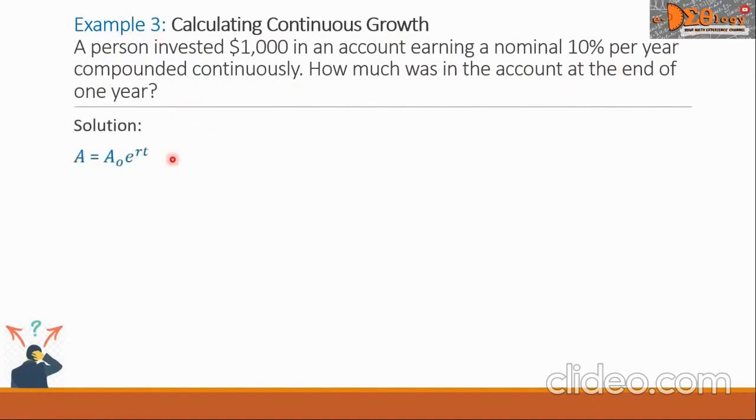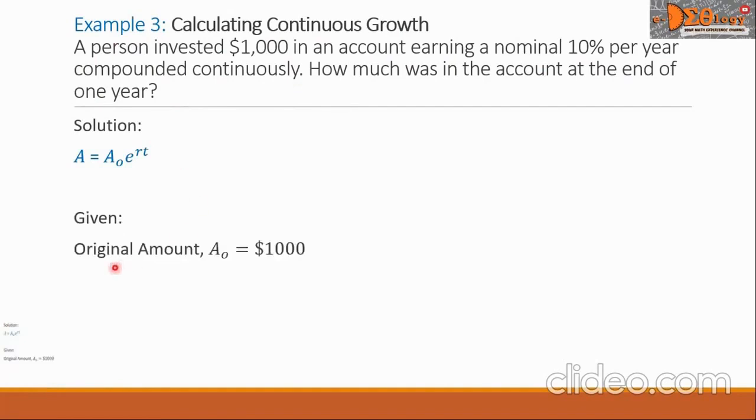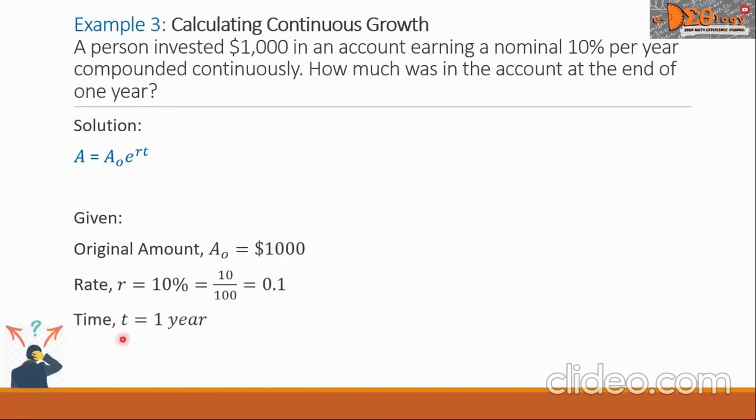Then let us list the given starting from the original amount. A sub O equals $1,000, followed by the rate denoted by R, and this is 10%. Converting our 10% into decimal, so we have 10 over 100, and this is equal to 0.1. Next is the time T, and this is equal to 1 year.